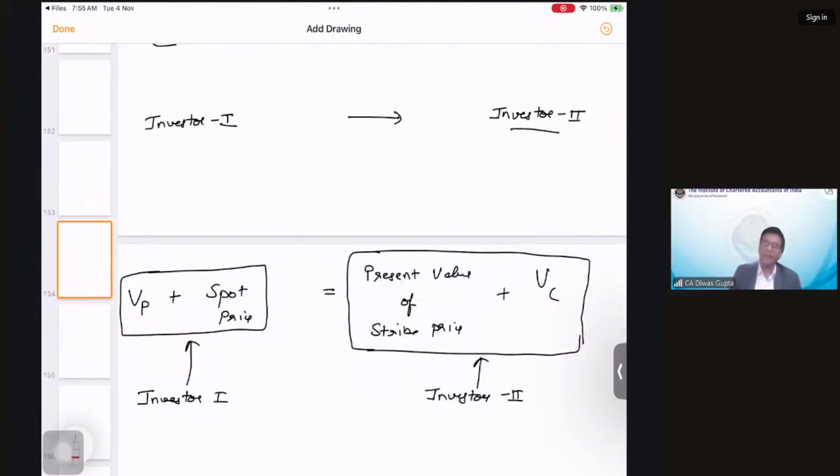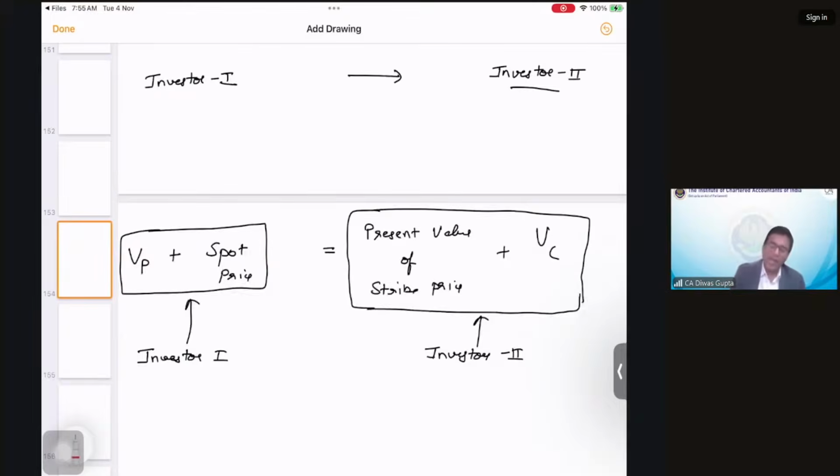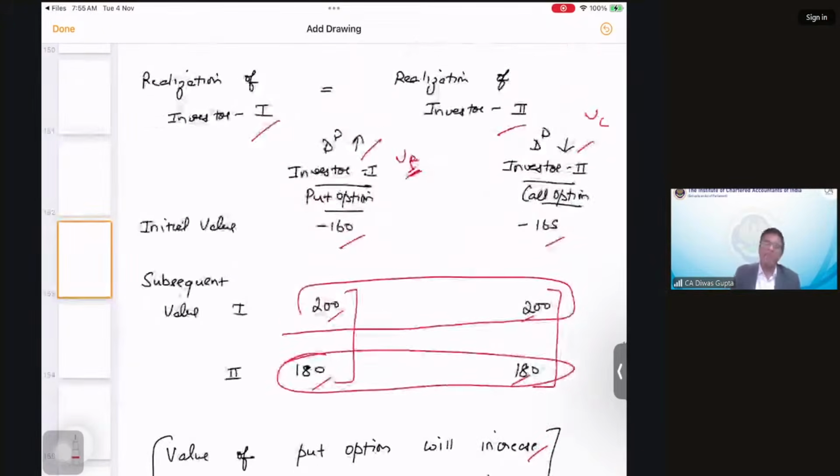The moment it happens, in situation one people will start investing more, and hence both of them will become equal due to market forces. So let's say it becomes minus 163, and the other also becomes minus 163. So the market forces will bring them to an equal level.